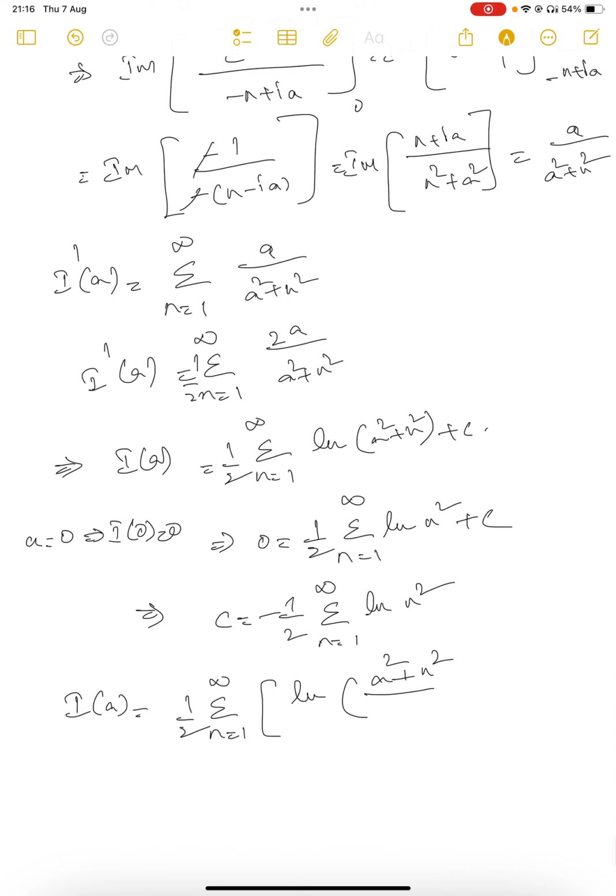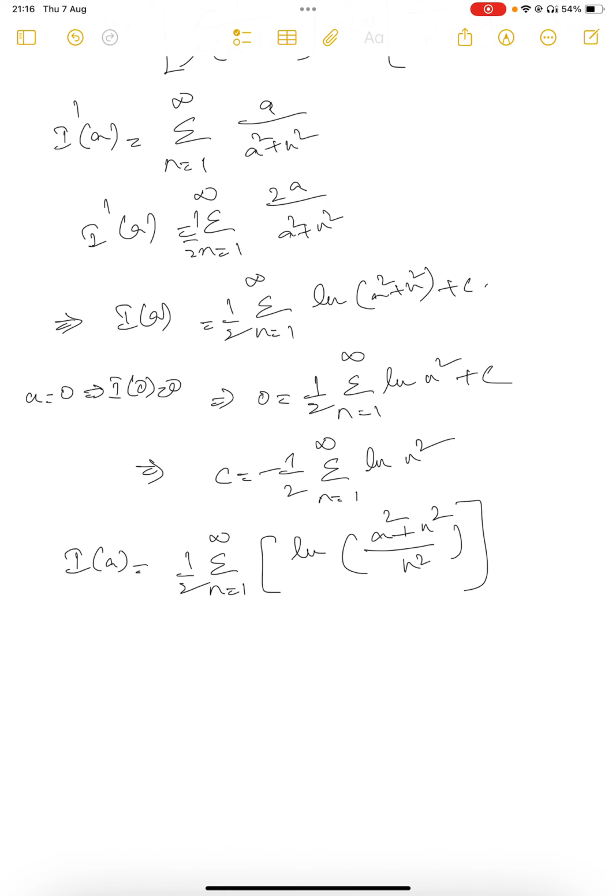Since ln a minus ln b equals ln a by b, this is half summation n equal to 1 to infinity ln of (a square plus n square) by n square. So let's do it. How will you write this?